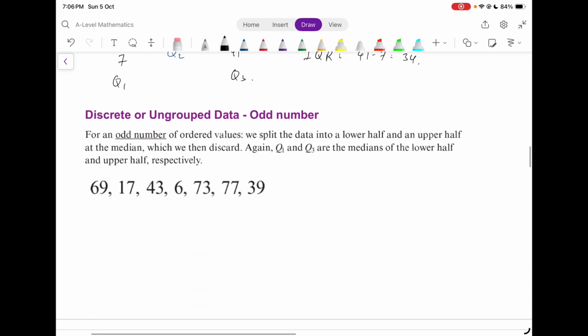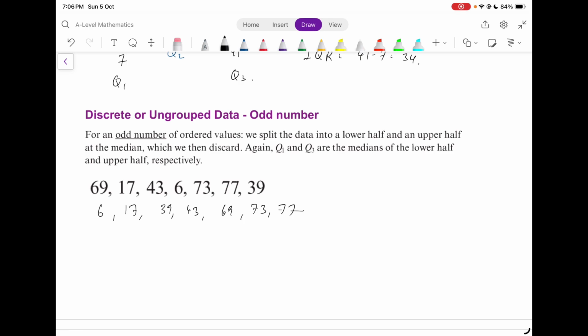Now if it's an odd number, it's easier. For odd numbers we use the cross method and find the middle. Sorry, I just realized this is not in sequence, so let's put it into sequence first: 17, 39, 43, 69, 73, 77.